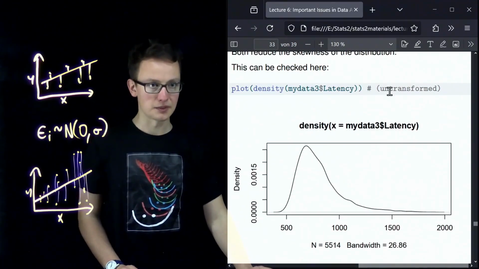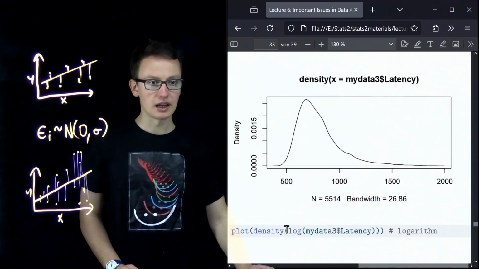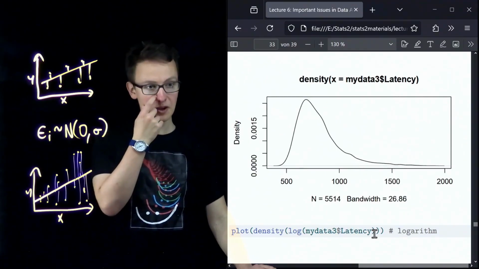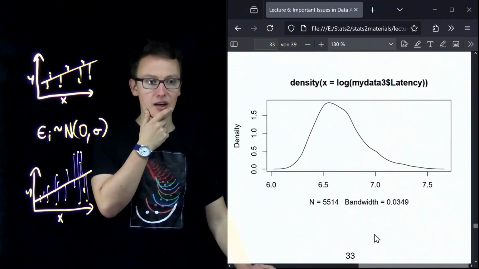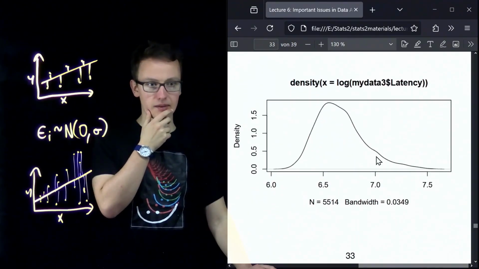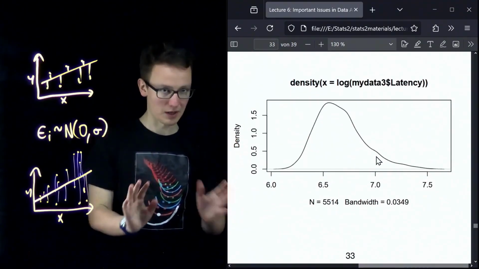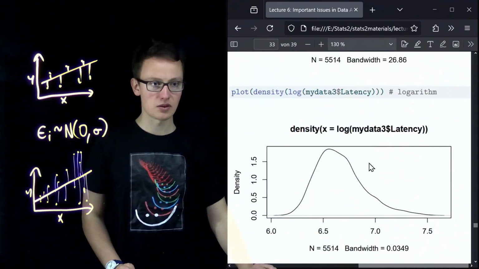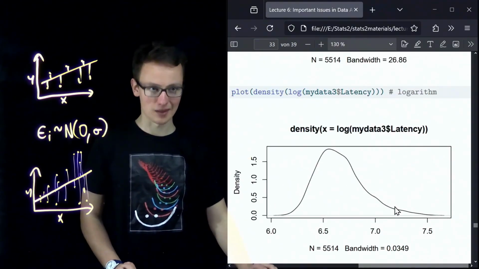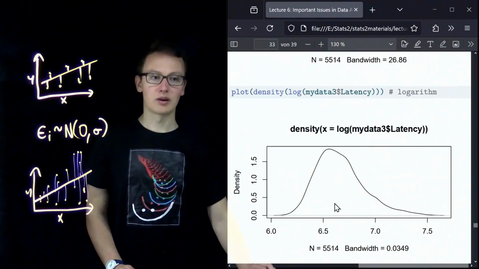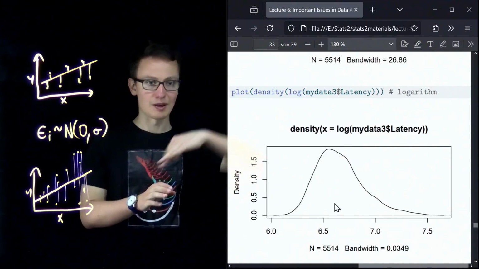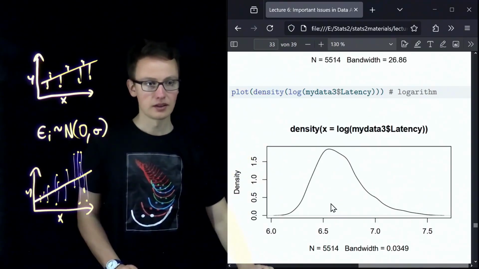That's the untransformed data. Now we can do the logarithm of the latency, the log transformation. And now we can see this. That's already more symmetric than this, which has a much larger skew. There's still some skew to the right here. It's not perfect, but it's already much closer to resembling a symmetric bell curve, right?